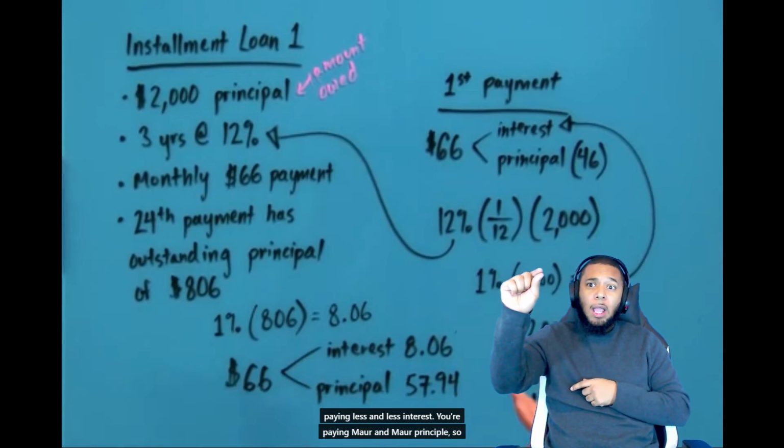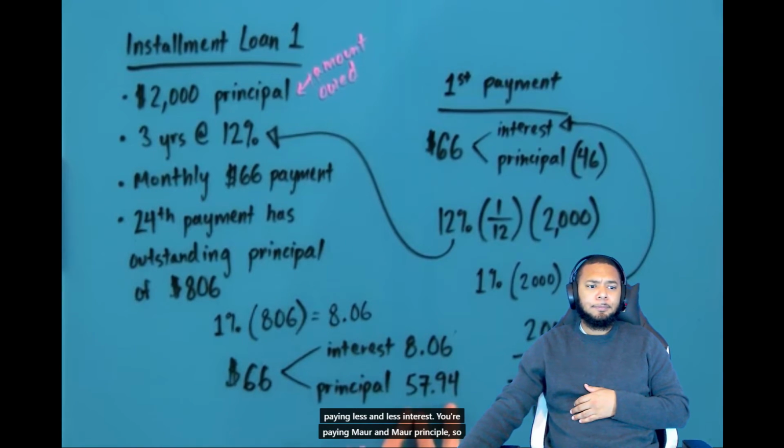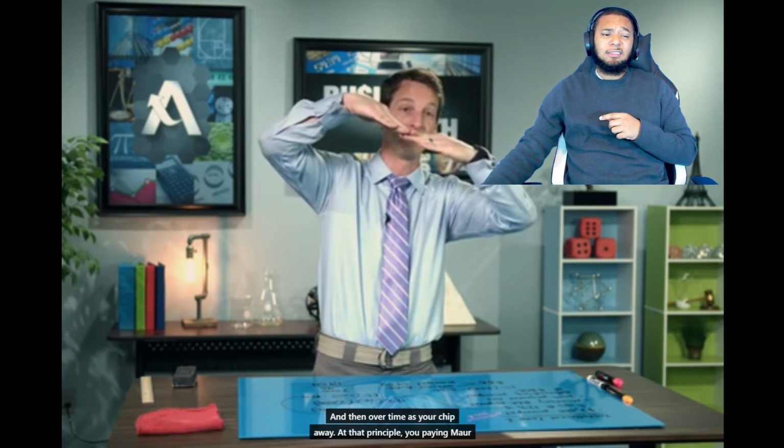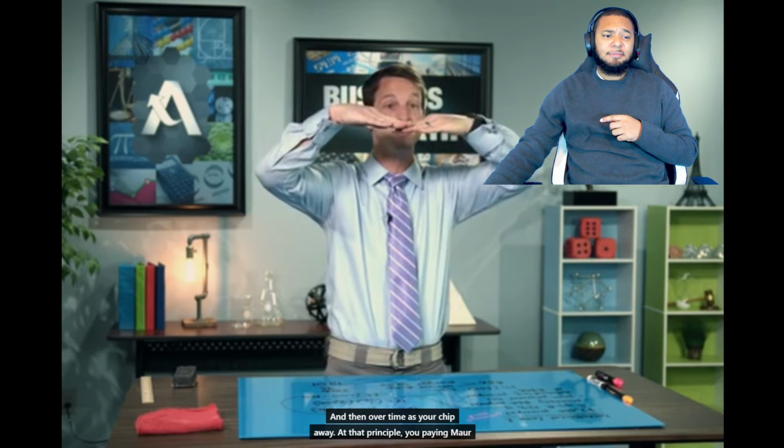You're paying less and less interest, and you're paying more and more principal. So that's pretty cool. You get an installment loan, and it starts to get into your favor. First, you're paying a lot of interest and not much principal. And then over time, as you chip away at that principal, you're paying more and more principal and less interest.